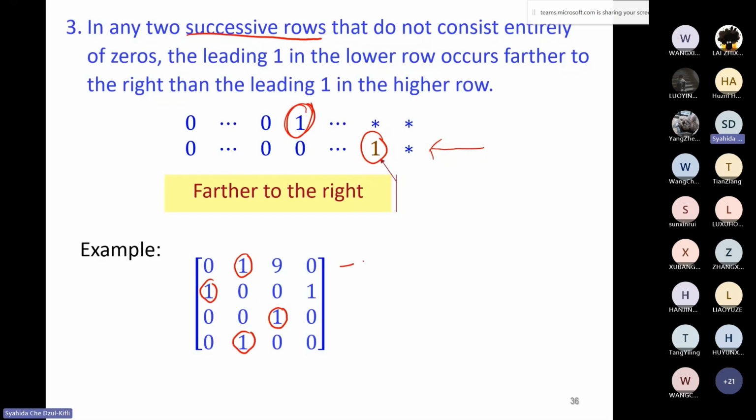First of all, let's compare rows 1 and 2, two successive rows. Since the leading one at the lower row is located at the left side of the leading one at the upper row, these two rows don't satisfy property 3. Is that clear?